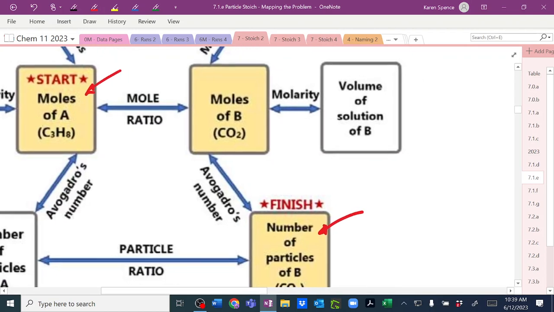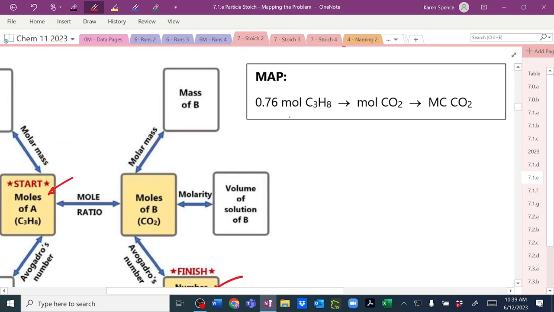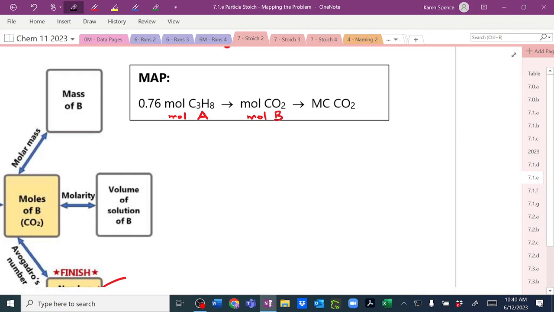So we could draw a little map for this. We want to go from moles of A to moles of B, which is the CO2, to the number of molecules of CO2. Would that be an easy enough calculation? I hope so.